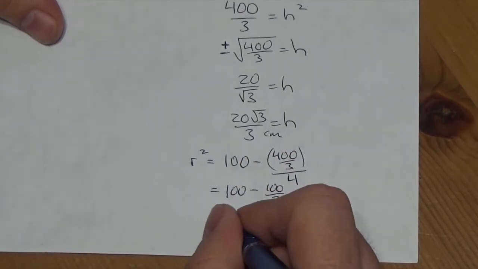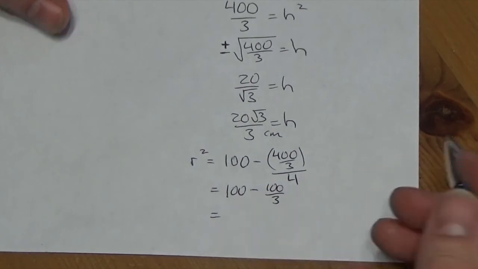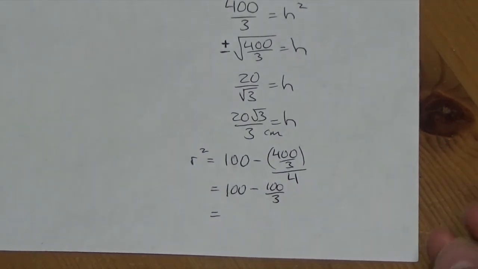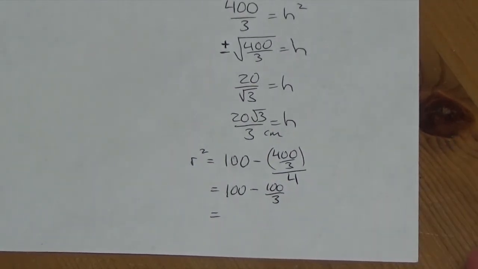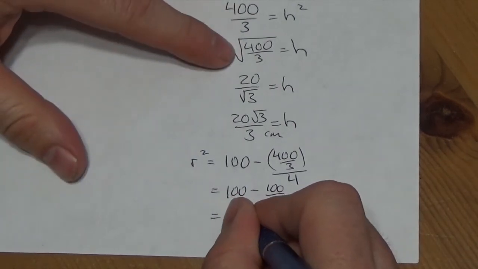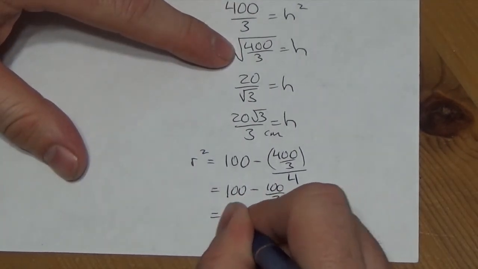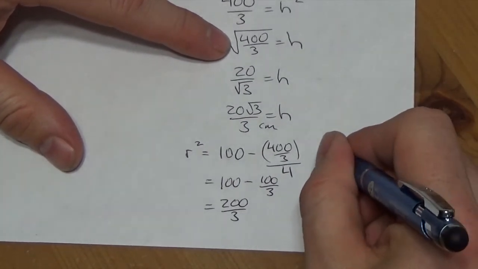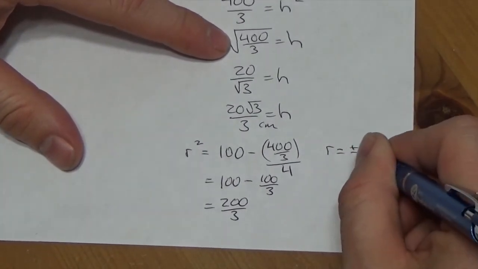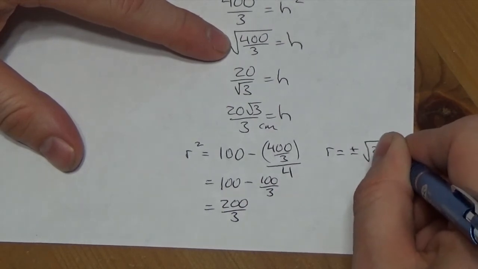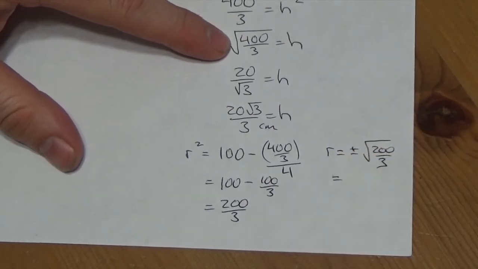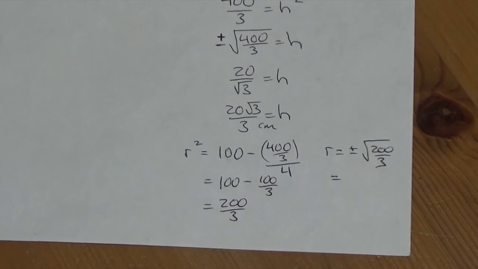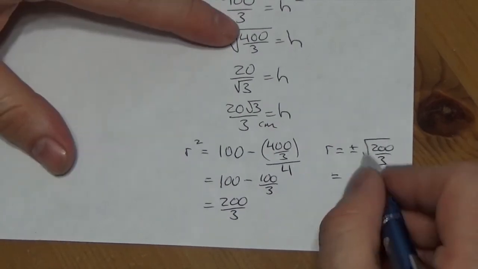Which is going to give me r squared is, well, if I subtract a third of 100 from 100, I'm going to end up with 2/3 of 100, or 200 over 3. That's equal to r squared. And so r is equal to positive or negative the square root of 200 over 3. But I know that I can simplify that.